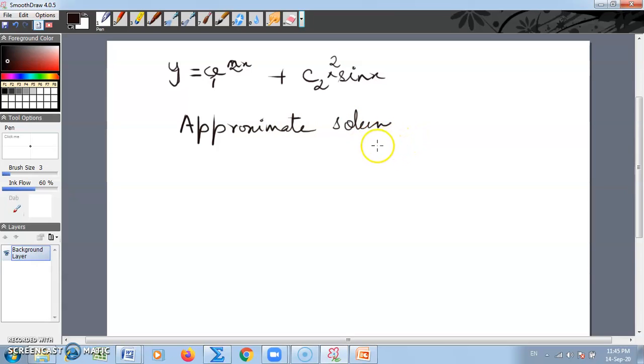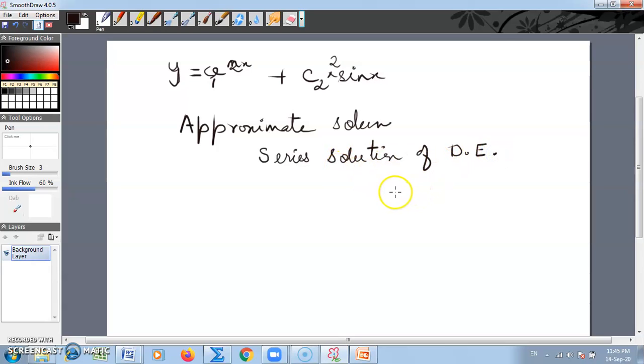So this type of solution is very much of use, especially in physics. So we are going to do today's series solution of differential equation. For the next few classes, we will be doing series solution of differential equations.